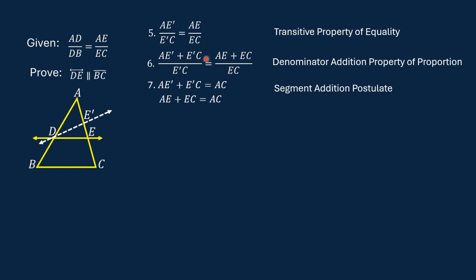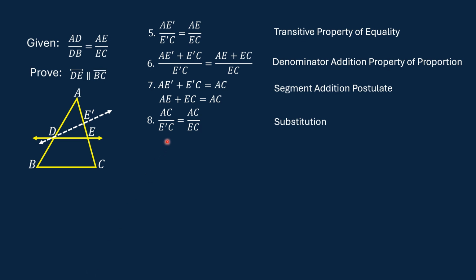Now, in step 6, we can replace AE prime plus E prime C by AC. And we can also replace AE plus EC by AC. So we have now AC over E prime C is equal to AC over EC. The reason is substitution.